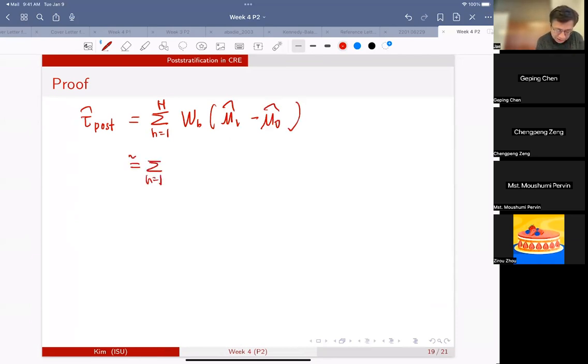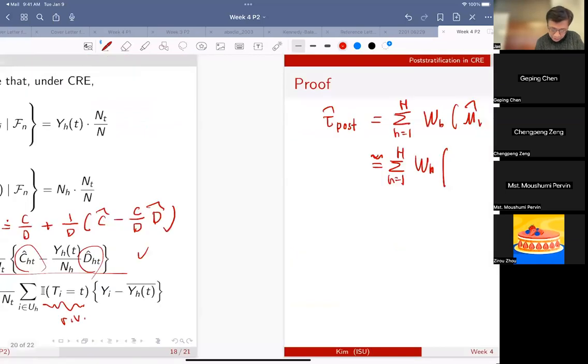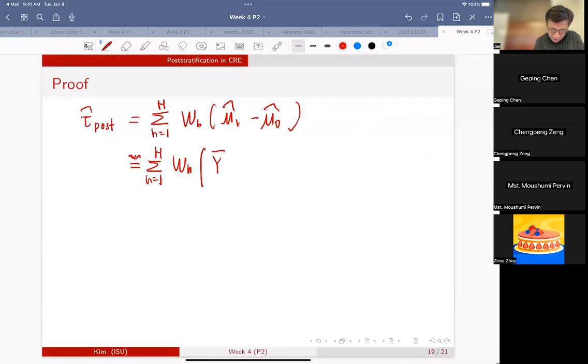Now using the Taylor expansion, you get this one: y bar 1 minus y bar 0 plus this one.